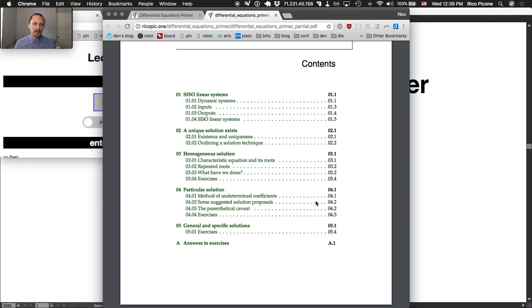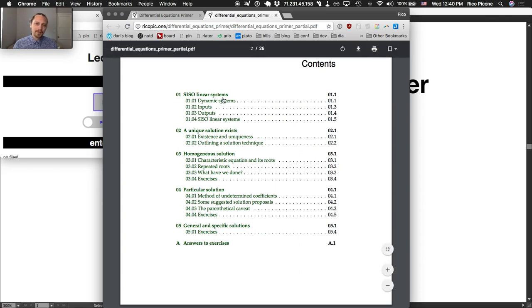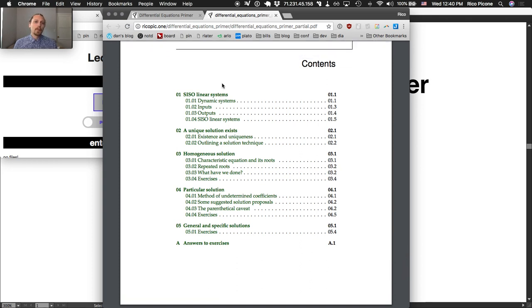Just to sketch this out roughly, in the next lecture we will start by introducing CISO linear systems. In the following lecture, we will discuss how a unique solution exists. Then in the remaining 3 lectures, we're going to sketch out and work out the solution procedure for these CISO linear systems.